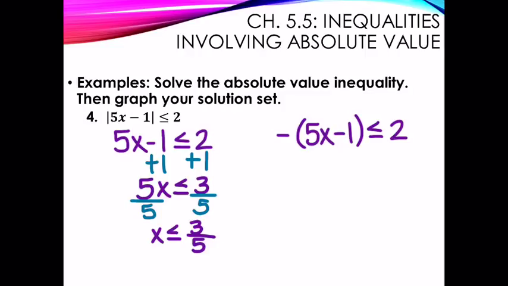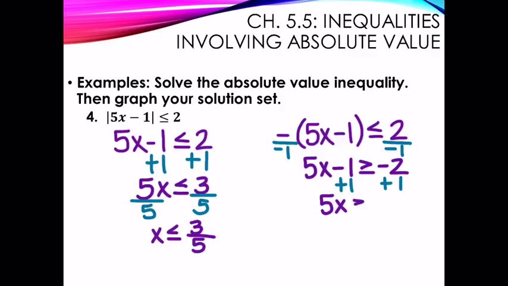For my other inequality, I'm going to get rid of the negative first by dividing by negative 1 on both sides. So the left-hand side will stay the same, 5x minus 1. Because I'm dividing by a negative, the inequality will flip over. And 2 divided by negative 1 will be negative 2. I'm going to add 1 to both sides.